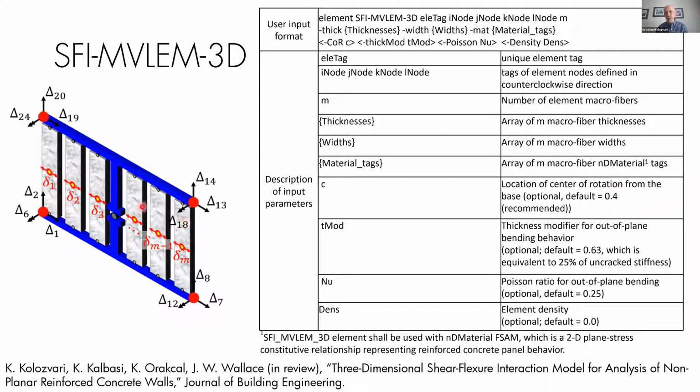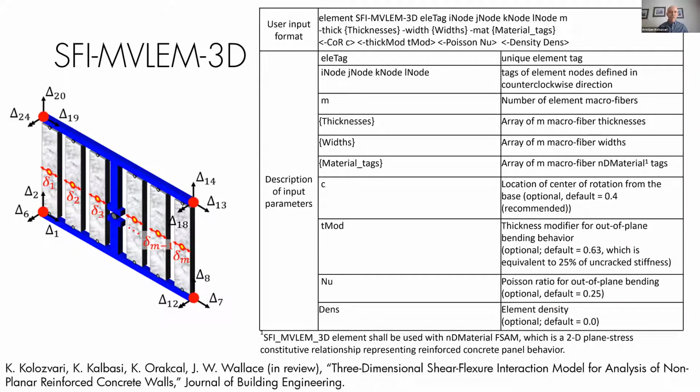That's the only way to make it work. And same thing as the 2D model. And these other parameters are just the same as I explained for the MVLEM 3D. We have C, thickness modifier, Poisson ratio, and the density. They are all optional, and they have some logical default values.